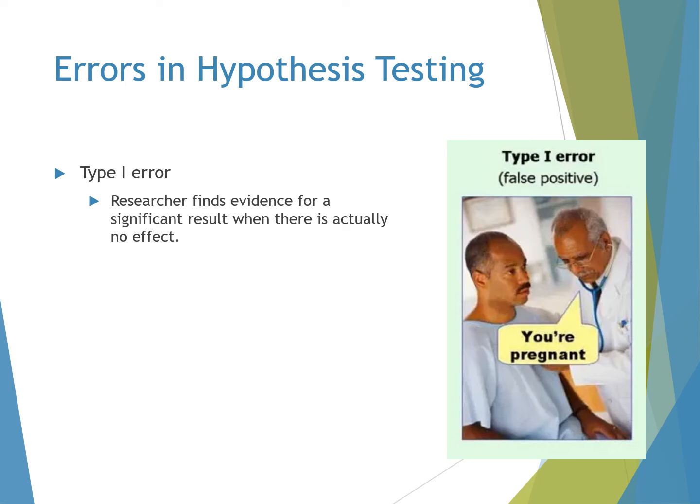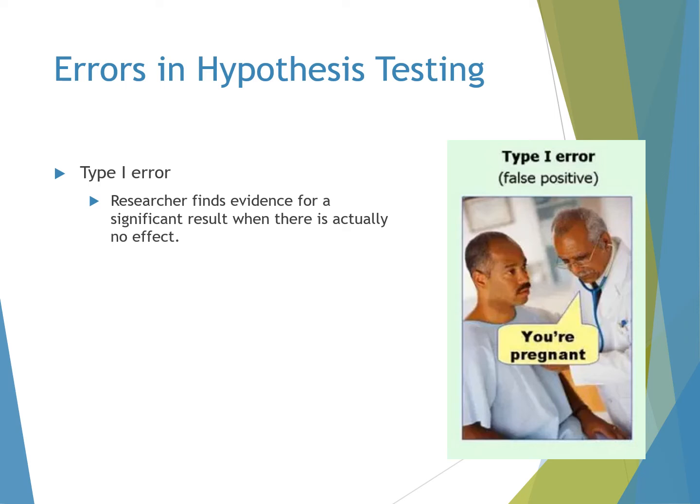Hypothesis testing is an inferential process. What we are doing is using limited information to reach a general conclusion. What this means is there's always a chance of making an error. There's a couple of different dimensions to think about. We always make one of two decisions. Either we conclude that there is a significant difference in the population, or we conclude that there's probably not a significant difference in the population.